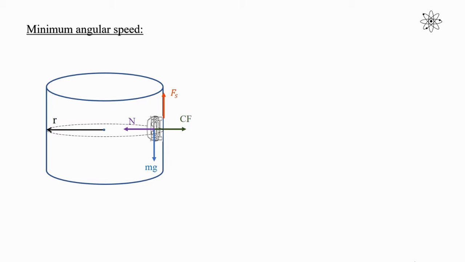Minimum angular speed. As we know, minimum speed is equal to under root of rg upon mu s. But v is equal to r omega. So r omega minimum is equal to under root of rg upon mu s. In v is equal to r omega, r is a constant and omega, that is angular speed, changes with the change in the speed v.